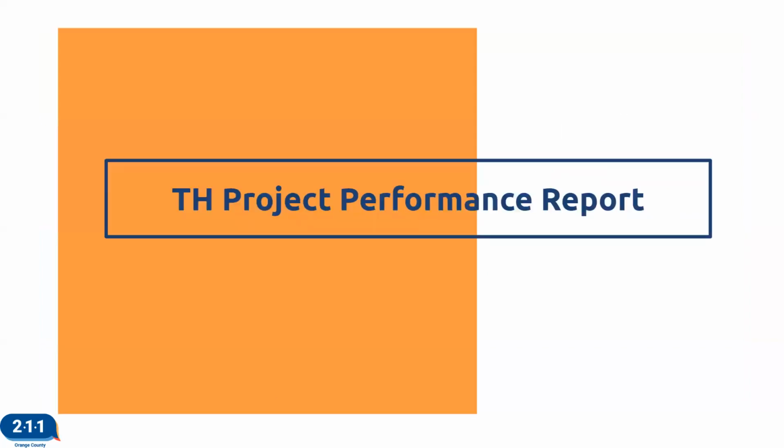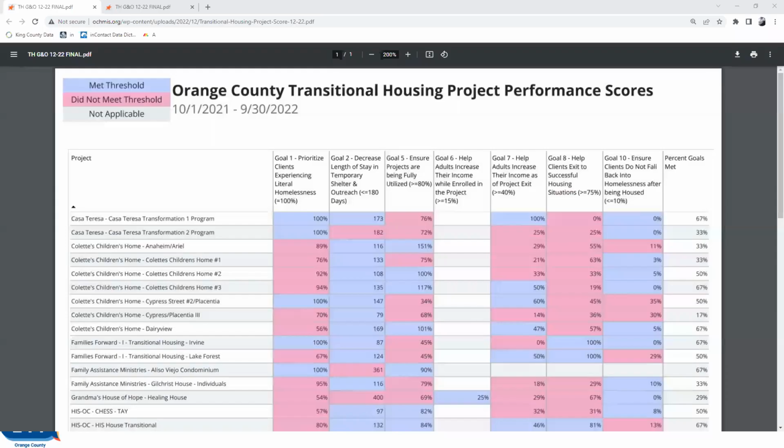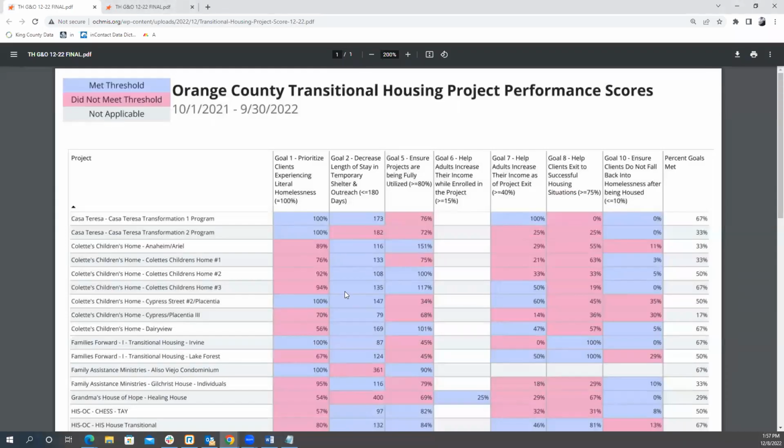So let me get into the transitional housing project performance reports. The reporting period was October 1st, 2021 through September 30th of 2022.